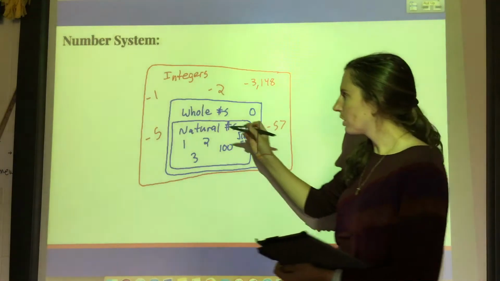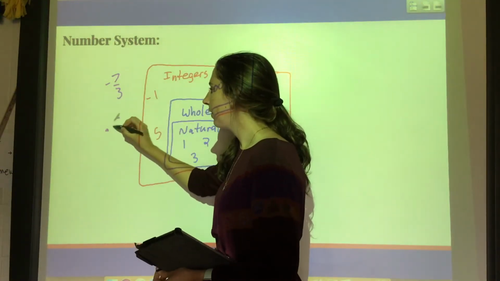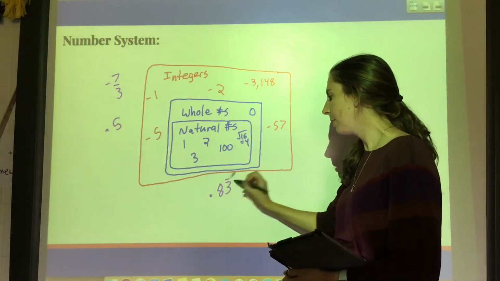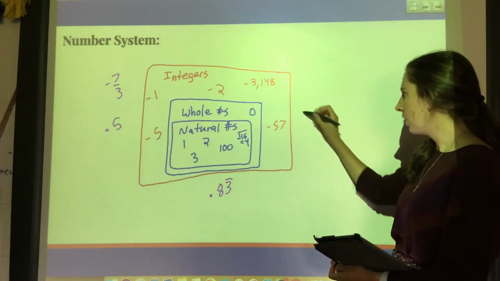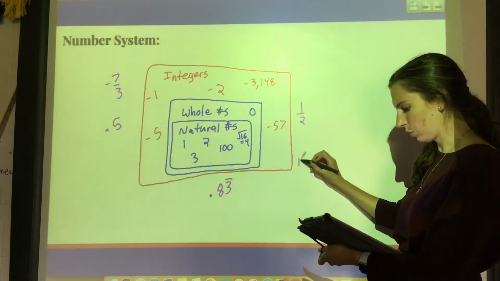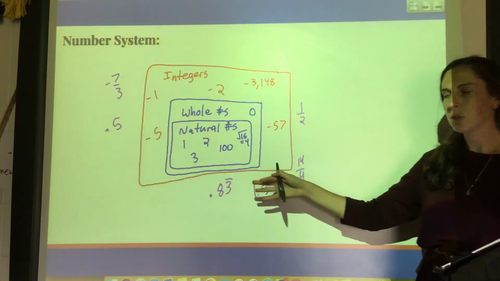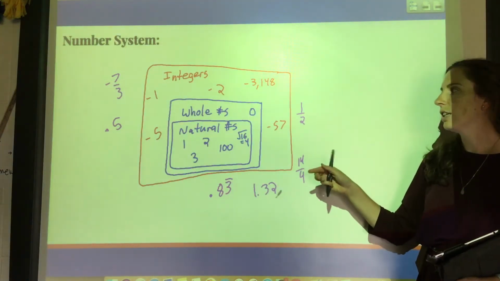Beyond the integers, we started having decimals and fractions and complicated things like that. And so if you start adding things like -7/3 or 0.5 or 0.83 repeating, or 1/2, 14/4, 1.32. All these are decimals that either end or repeat, or they're fractions.